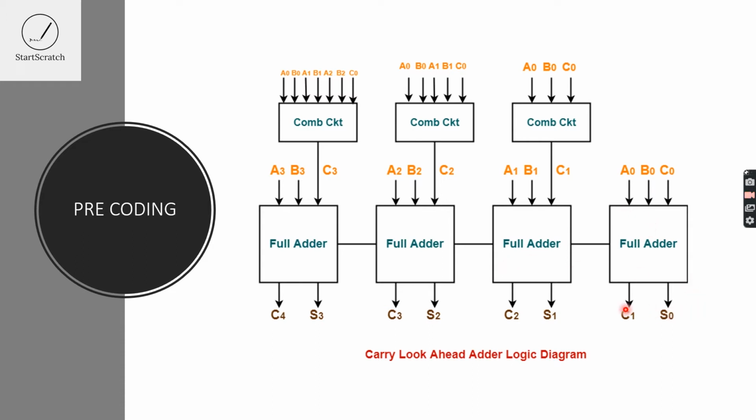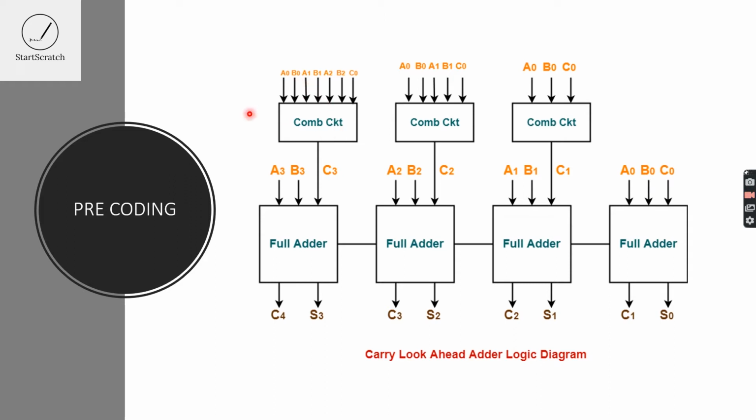Like if these outputs arrive at 5 nanoseconds, this one arrives at 10, this at 15, and this even at 20 nanoseconds. To decrease the simulation time and get all the outputs at the same instance of time, we introduce these combinational circuits in place of driving the inputs from the previous full adders.